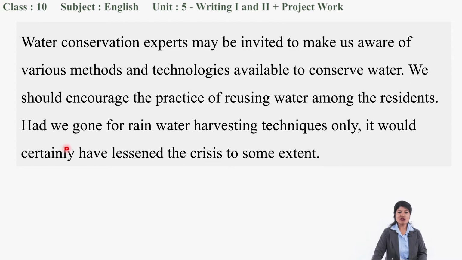Had we gone for rainwater harvesting techniques, it would certainly have lessened the crisis to some extent. Oh yes, conditional sentences, that we have gone through in grammar. Had we gone, started with had, past perfect tense: had we gone, would have lessened. So remember that as well.